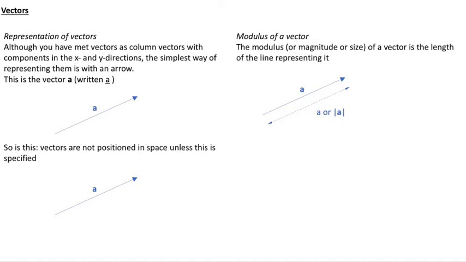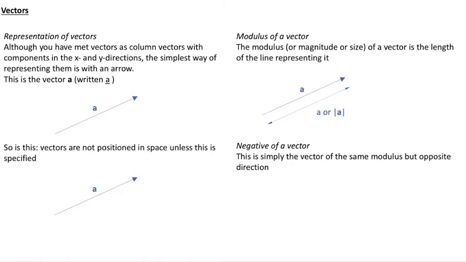And notice the bolded A becomes an unbolded A, or we can put modulus signs around the name of the vector. The negative of a vector is simply the vector with the same modulus but opposite direction. So in this case it would be represented like that. So you can see that that's an arrow the same length as A but pointing the other way.